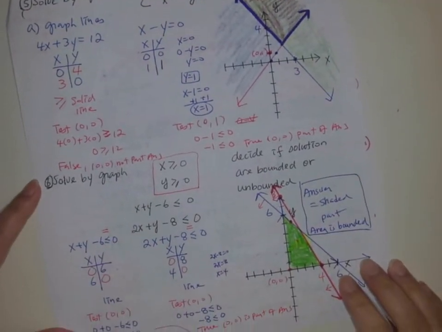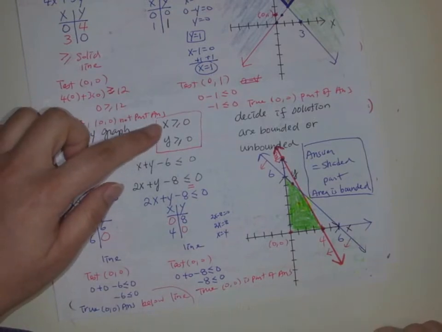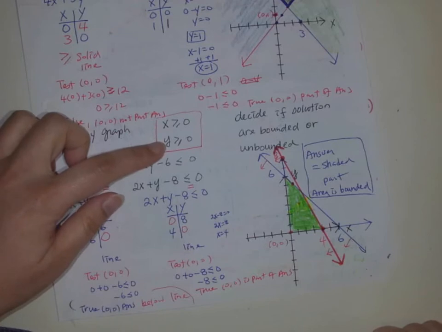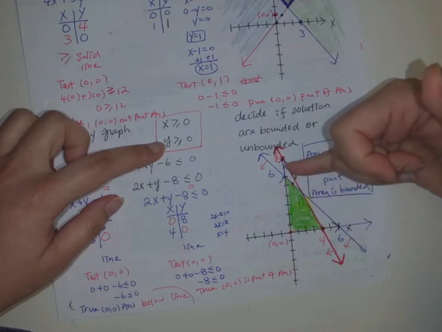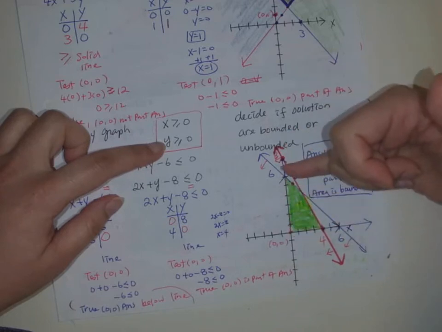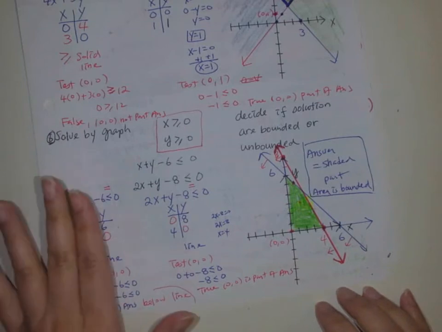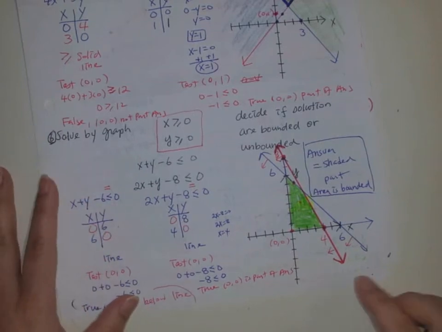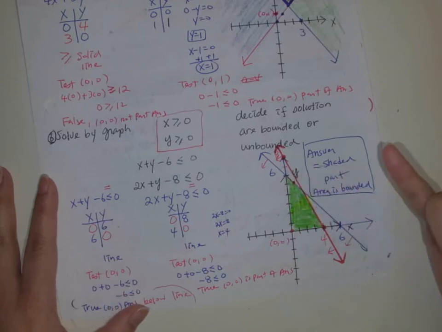And number 6 is getting closer to an actual application type of problem, because in most of those problems the x and y values would be greater than 0, meaning in the first quarter, right? I'm sorry, first quadrant, not quarter. So we did the first line, which is testing 0, 0, which is part of the solutions for x plus y equal to 6.